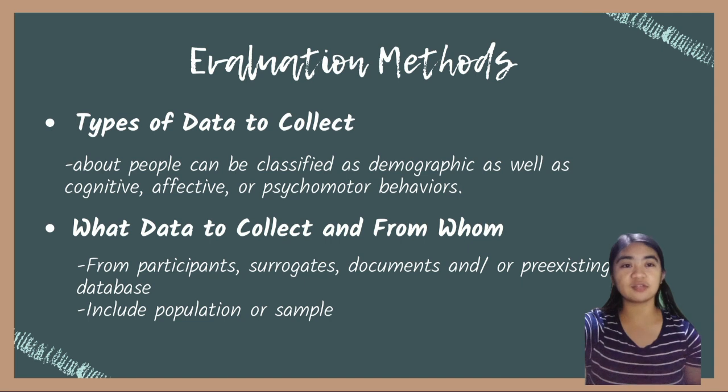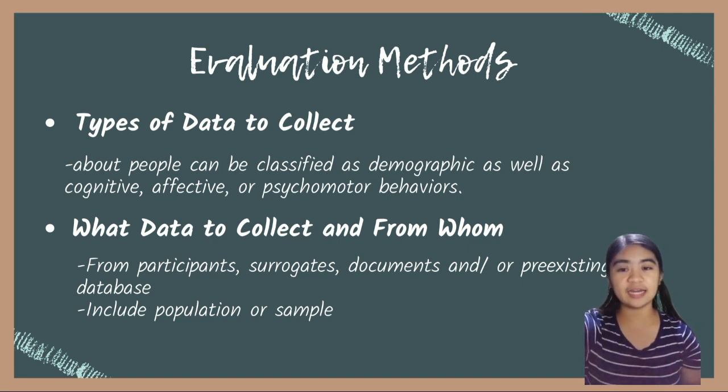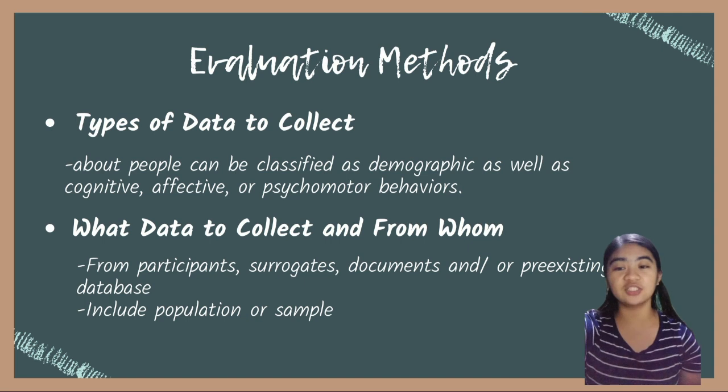Types of data to collect. Data about people can be classified as demographic, like age, gender, and health status, as well as cognitive, affective, or psychomotor behaviors.